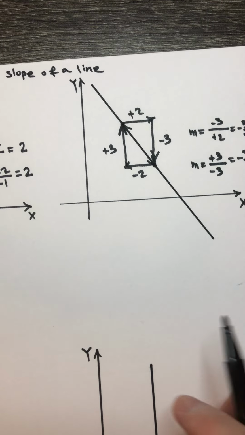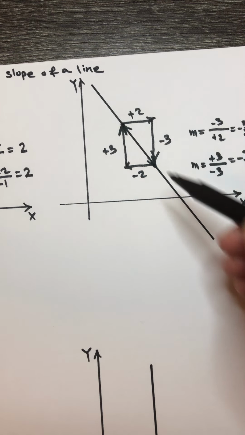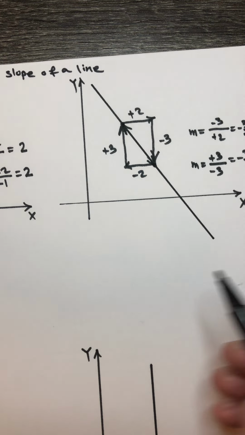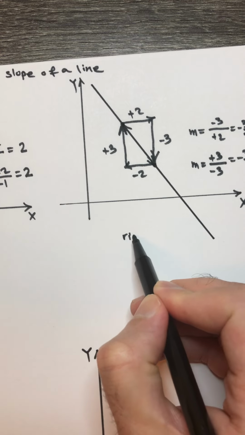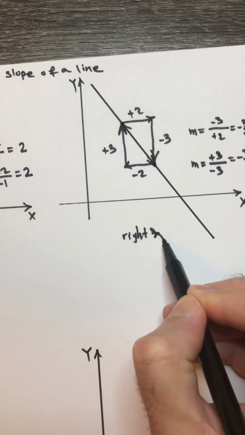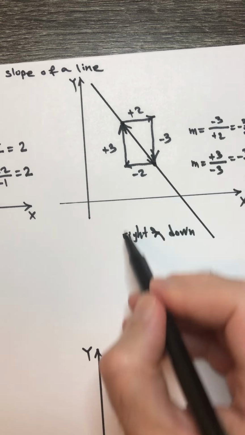So in summary, for a line which has a negative slope, we either go right and down, or left and up.